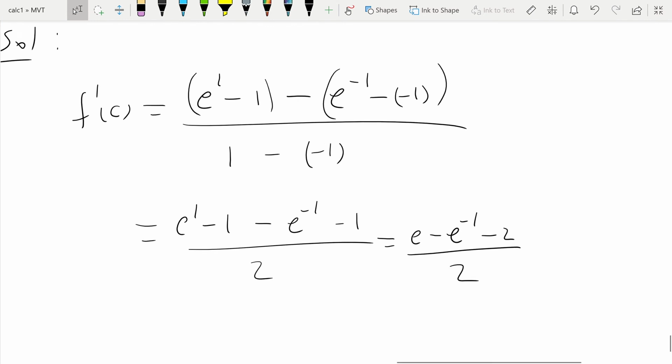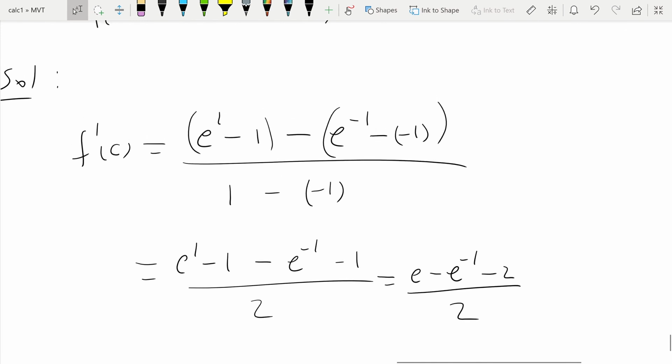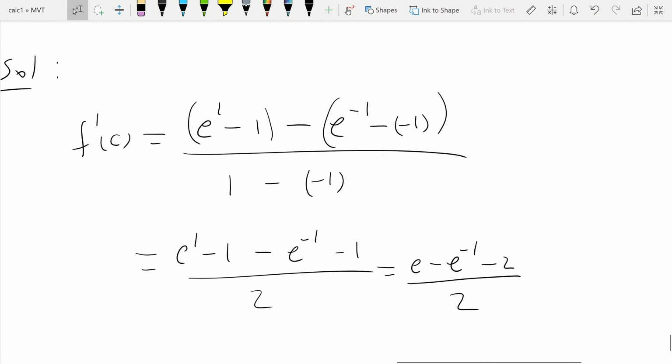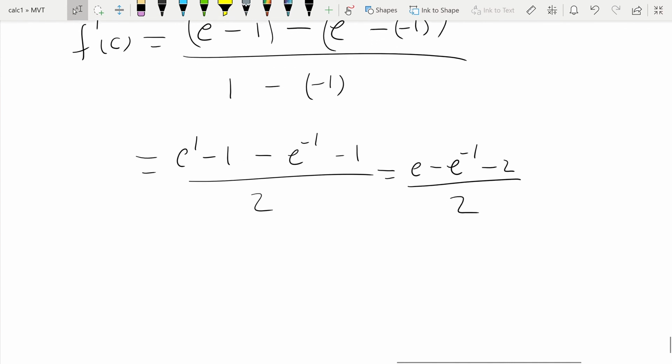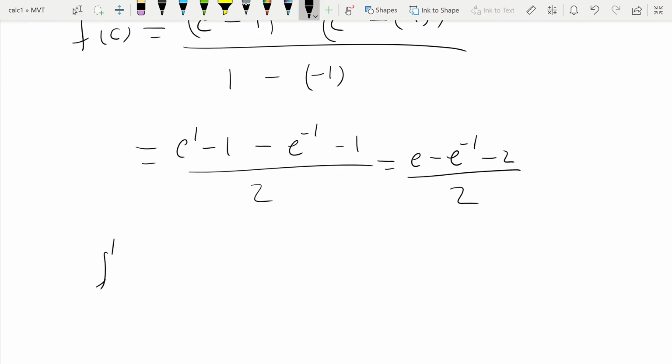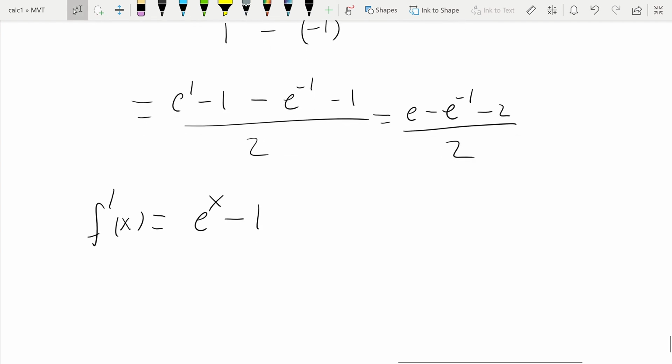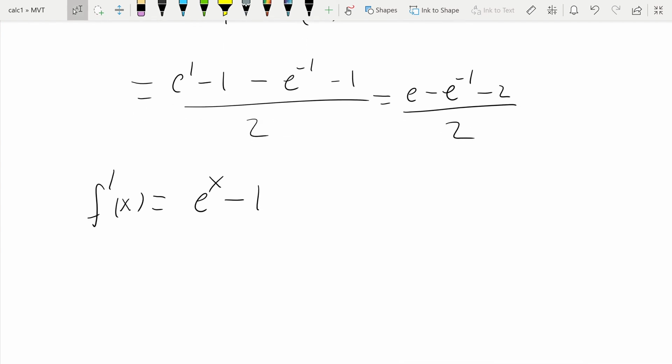So we need to find a point for which f prime is equal to e minus e to the minus 1 minus 2 divided by 2. What is f prime? F prime of x is equal to e to the x minus 1. So where is this equal to e minus e to the minus 1 minus 2 over 2?